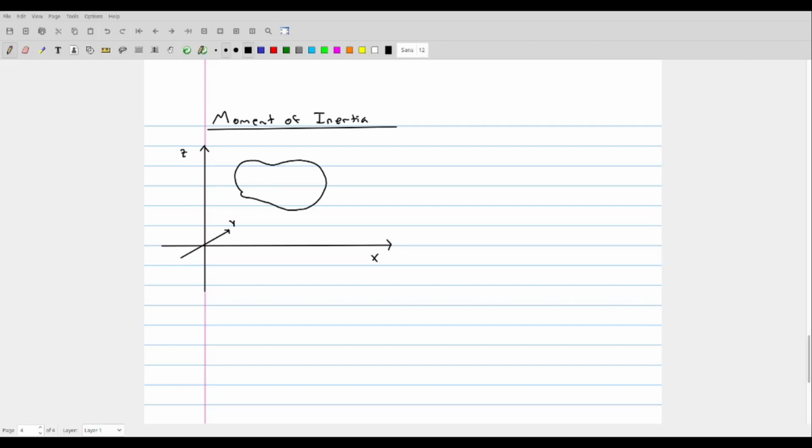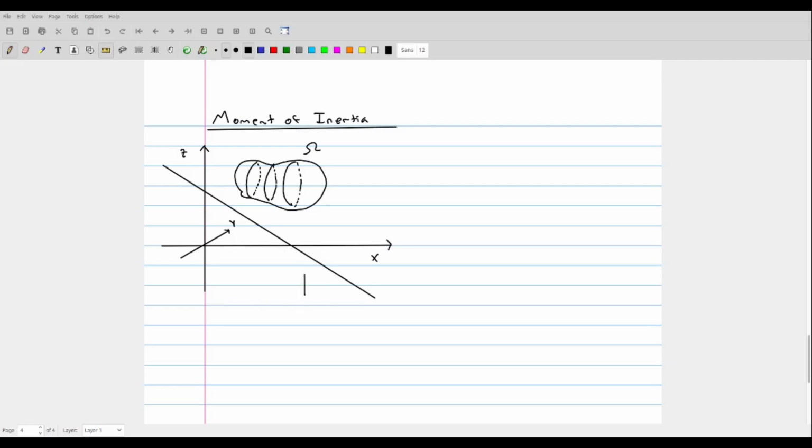So let's say we have our region omega here. And assume that for some reason we're going to want to rotate this region omega around some line.